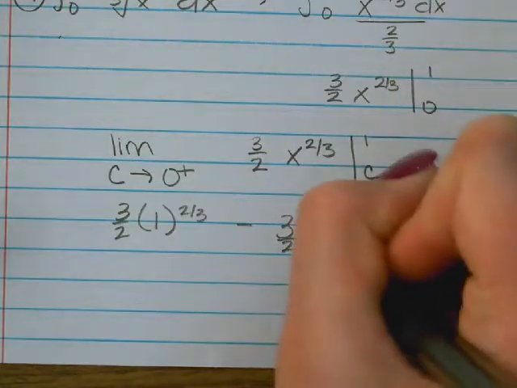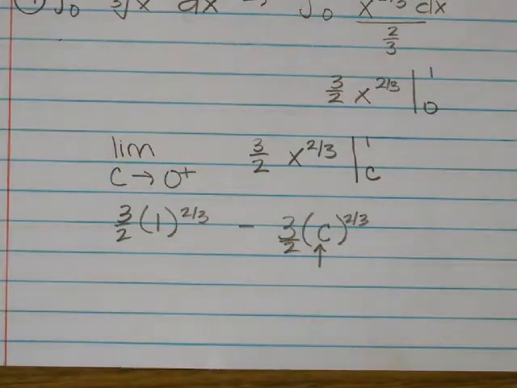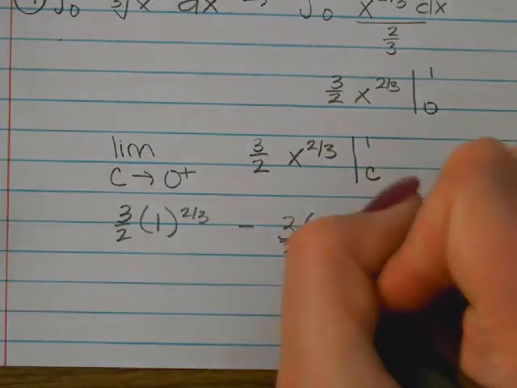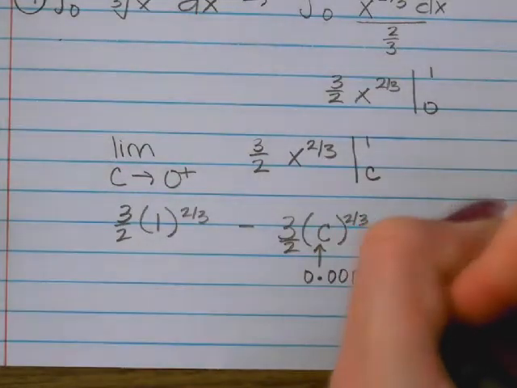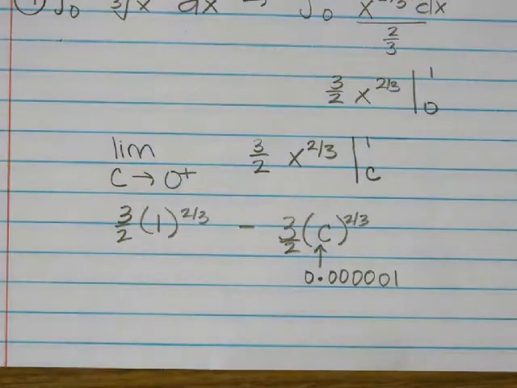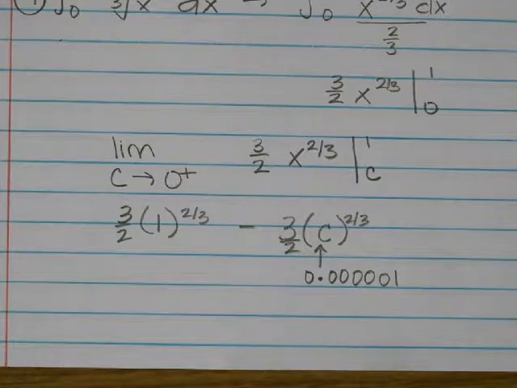And for c, you can actually type this in your calculator: use the decimal 0.00000, with as many zeros as you want. We just want a decimal that's slightly above 0. Although, since you can actually plug 0 in there, this is not undefined at 0, even though the original integral was.